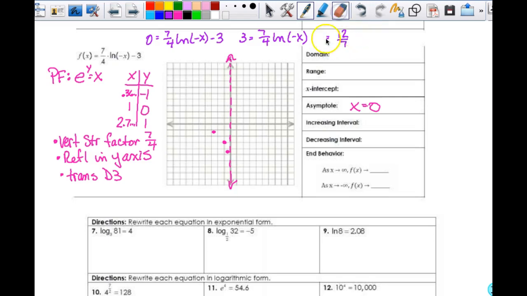Hang on, I don't want the equals there. 12/7 equals the natural log of -x. I rewrite that in exponential form. So e to the 12/7 power equals -x, which means x equals -e to the 12/7 power. So -e to the 12/7 power, comma 0.